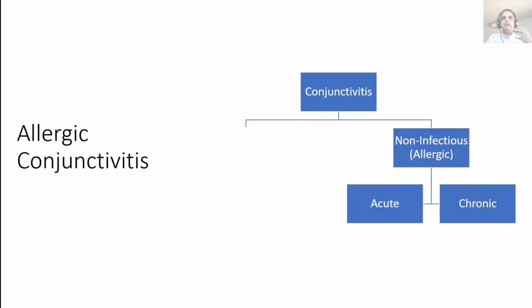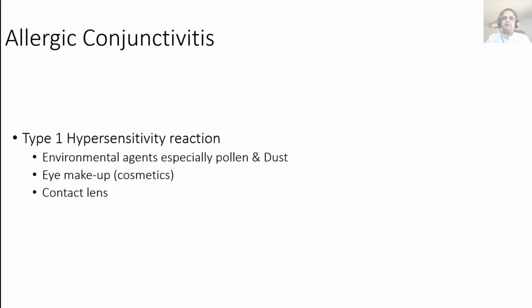So allergic conjunctivitis, that we discussed before, could be acute and chronic, and they are basically type 1 hypersensitivity reactions. And the most common environmental allergens are basically your pollen and your dust. And Islamabad has a lot of pollen and has also started accumulating a lot of dust. Eye makeup and contact lenses are also culprits that can lead to allergic conjunctivitis.